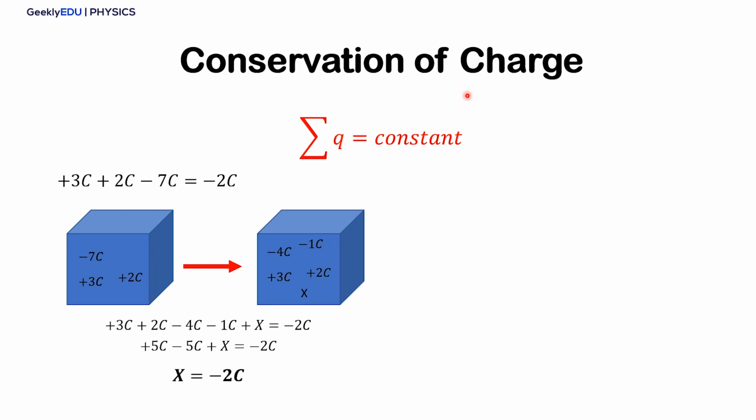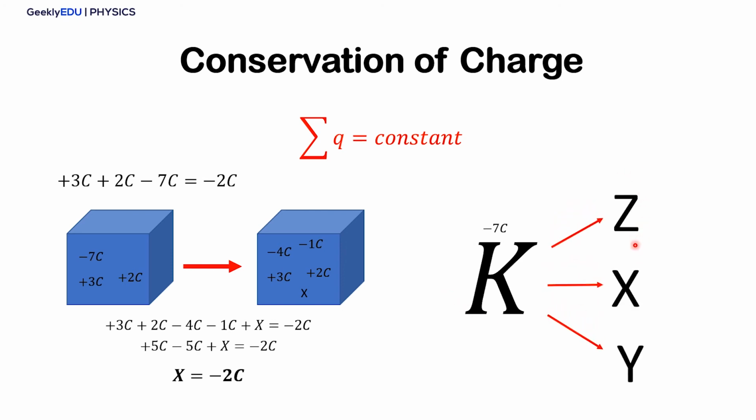Another good example of the conservation of charge is when we have decays in elements. Imagine we have this element K, just as an example, and it has a charge of -7 Coulomb. After decaying, it decays to 3 other particles, Z, X, and Y. We know that the charge of Z is -4 and the charge of X is -1.